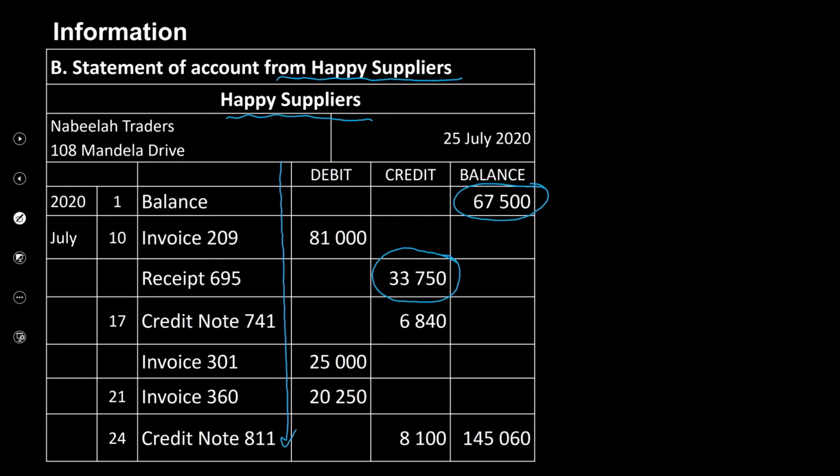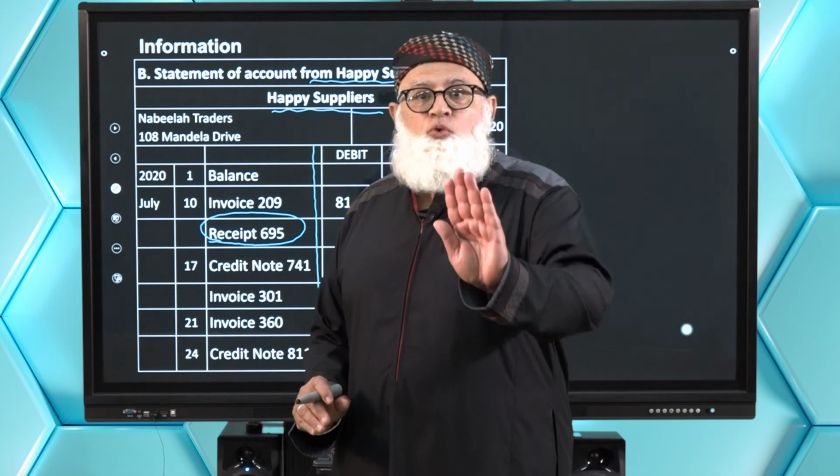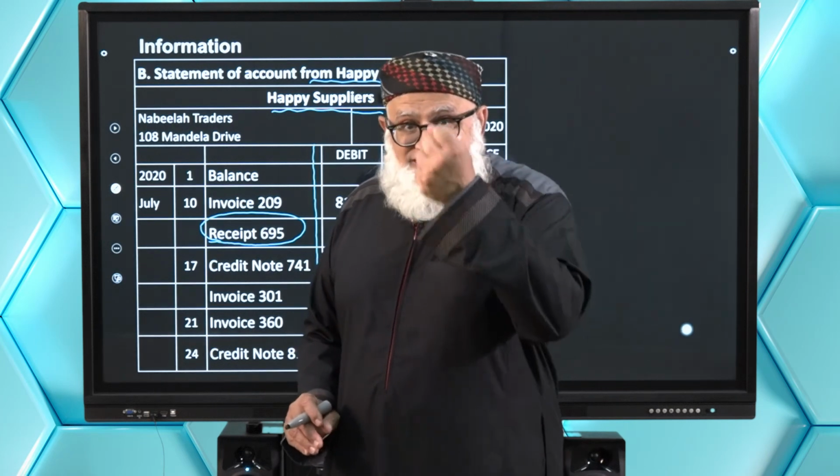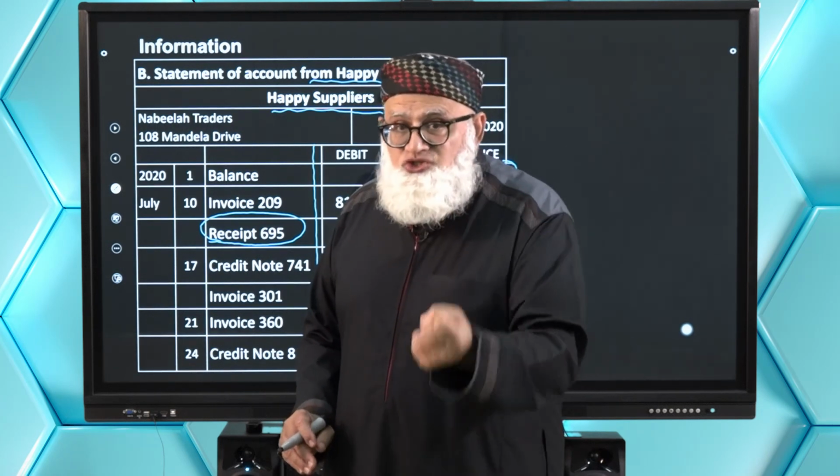If you go into their records, can you see what they are saying? They're saying they issued a receipt number 695 in lieu of the EFT payment that we have made, and they are crediting our account with 33,750. Now, this is what you need to understand. When we record something as a payment, we are debiting the creditor to reduce the amount.